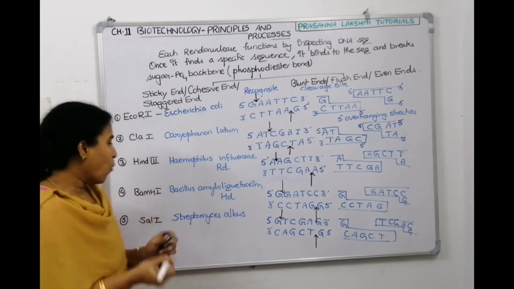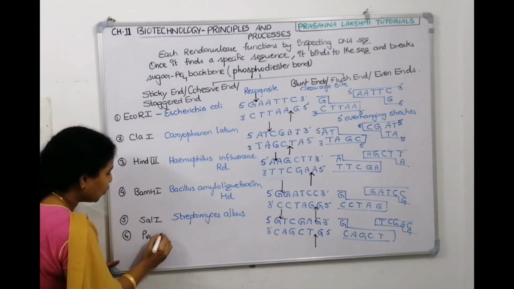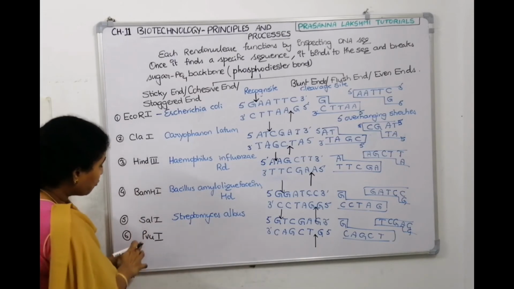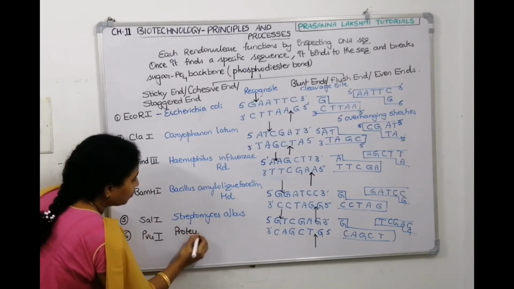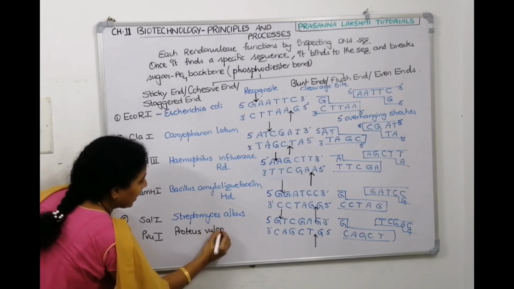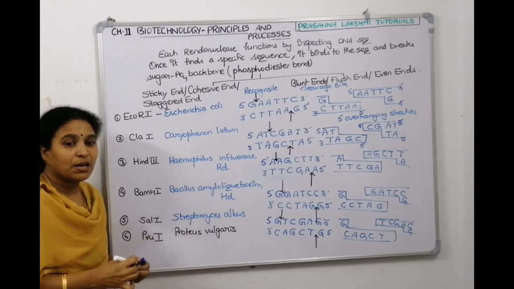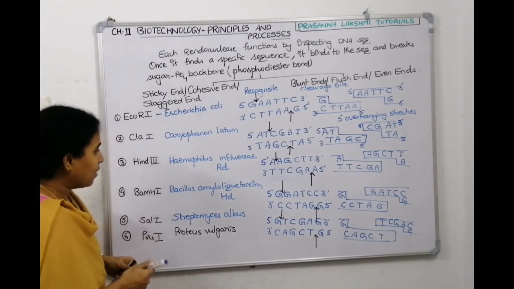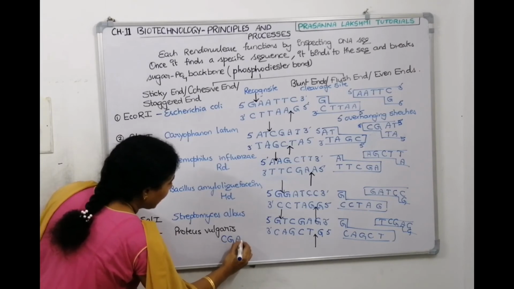What are they? PvuI. The fifth one is PvuI from Proteus vulgaris, and its recognition sequence will be CGA.